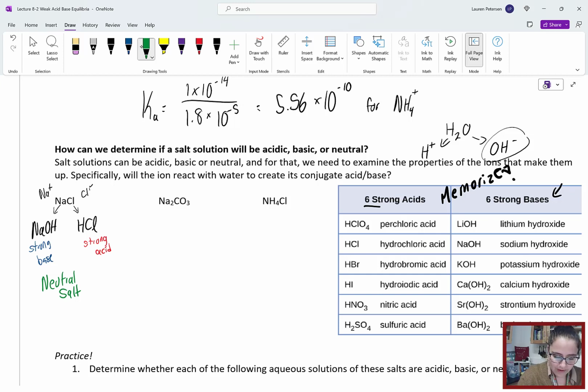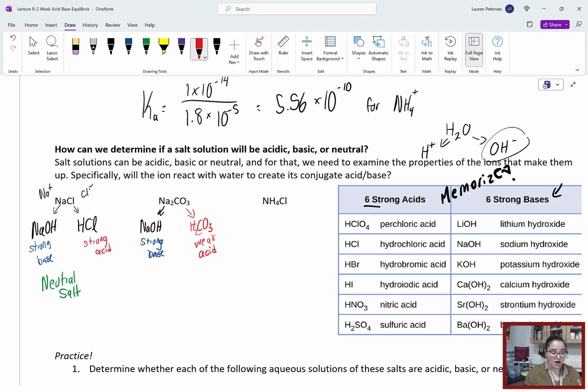Where if you have something like NaCO3, that Na can create the NaOH, which is a strong base. And then the CO3 can create HCO3, which is a weak acid, or H2CO3, which is a weak acid.